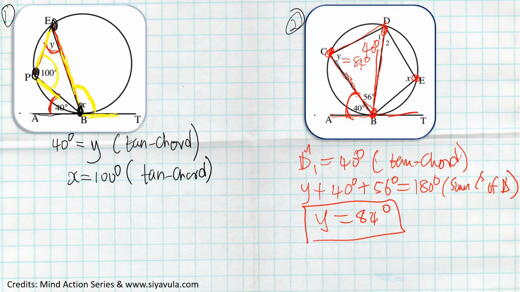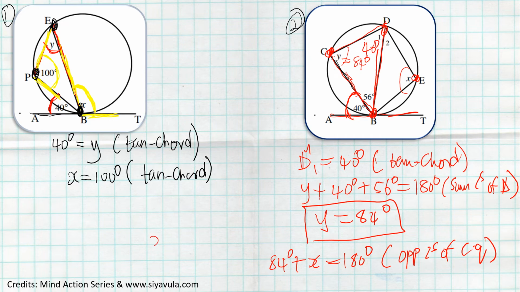So to solve for x, we're just going to use the one that says opposite angles of a cyclic quad are supplementary. Meaning that 84 degrees plus x is equal to 180 degrees. Why? Opposite angles of a cyclic quad are supplementary.